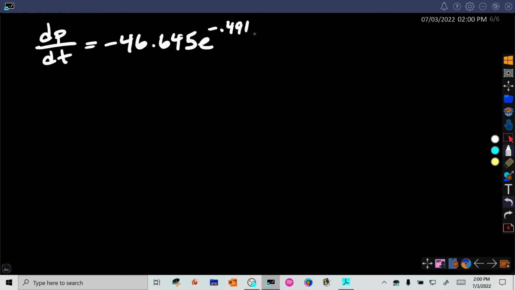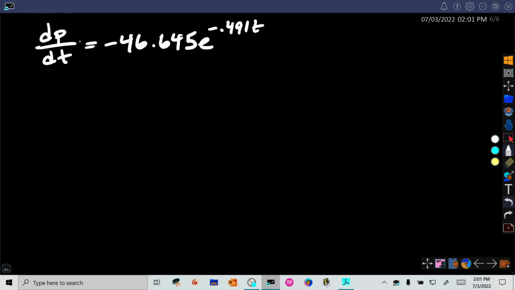So we've got dP/dt is equal to minus 46.645 e to the minus 0.491t. Okay, so we've got our derivative, the rate of change.